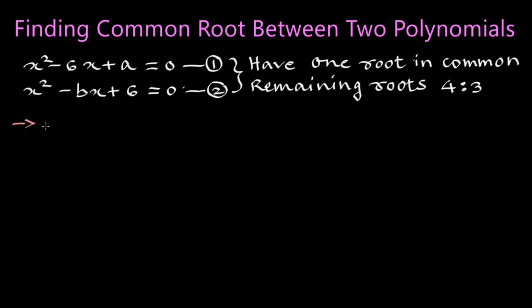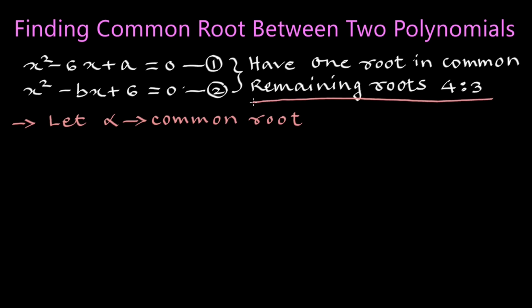We start by assuming alpha to be the common root of these two equations. Now since the remaining roots are in the ratio 4:3, we assume roots of the first equation to be alpha and 4 beta, and that of equation 2 alpha and 3 beta.